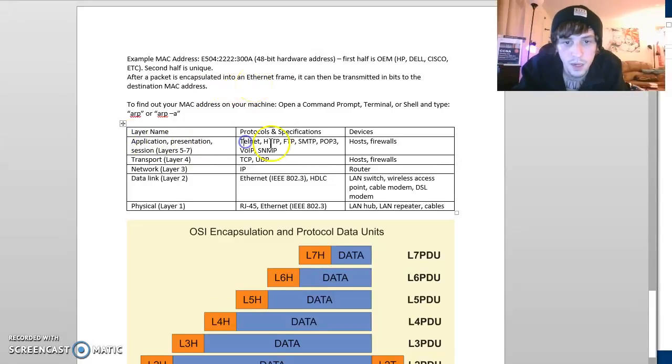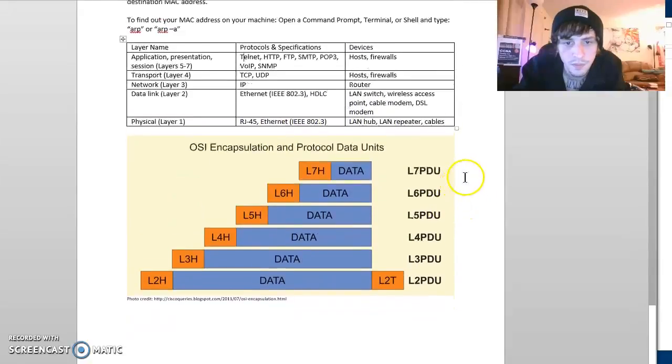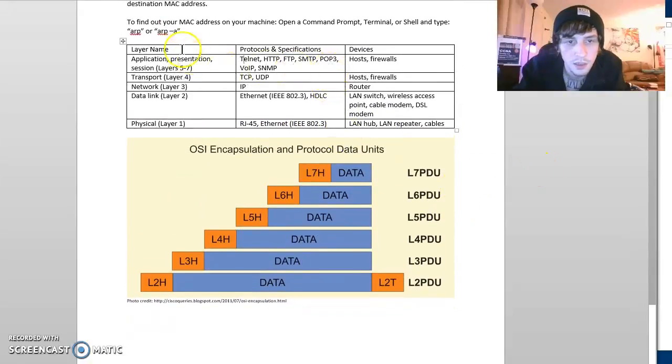Right here I put a good list of all the OSI layers and which devices they use, all that good stuff. If you want to, pause the video and take a look at that.